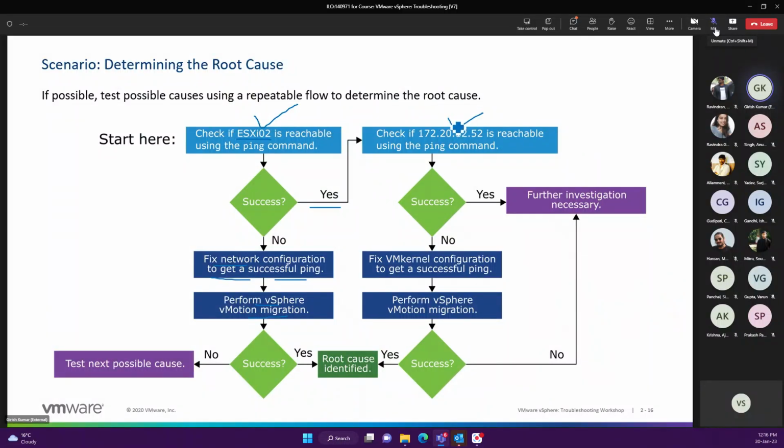After pinging, can you ping, yes or no? If no, then we need to fix the VM kernel adapter for vSphere vMotion. If yes, then it means we identified the problem and fixed it. Now you are able to do the vMotions.